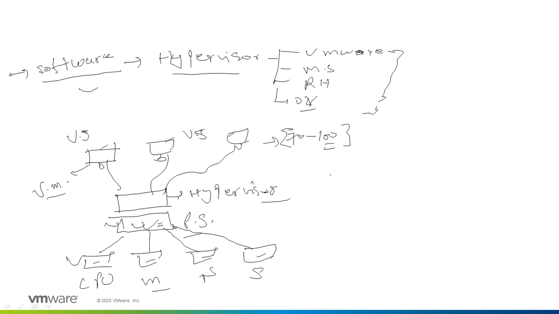It means that if we compare a physical server and a virtual server, you can do all the tasks on both. The only difference is that here all my resources are physically available, but in a virtual server all my resources are virtual: vCPU, virtual memory, virtual storage, virtual network.